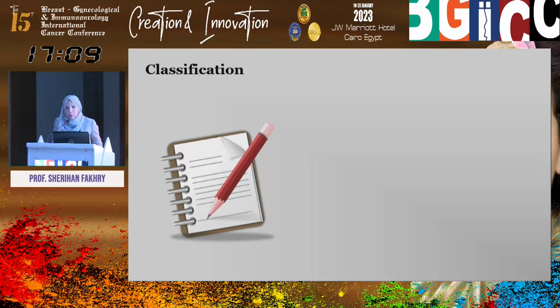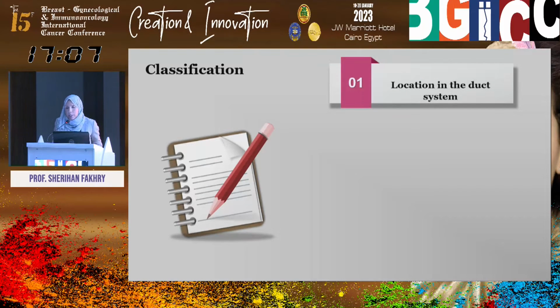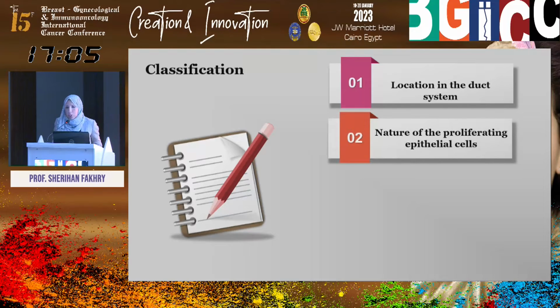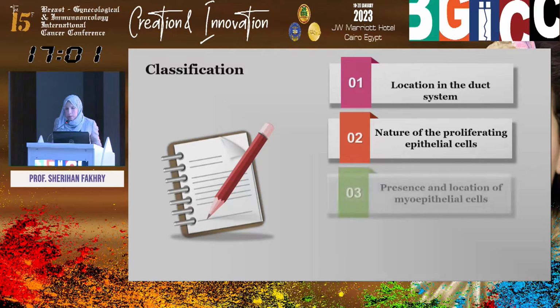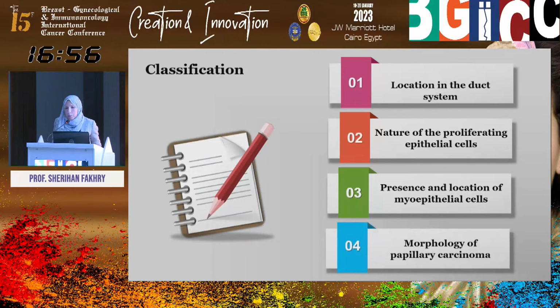And there are many classifications for papillary breast lesions, based on the location in the duct system, the nature of the proliferating epithelial cells, the presence and the location of the myoepithelial cells, and the morphology of papillary carcinoma.